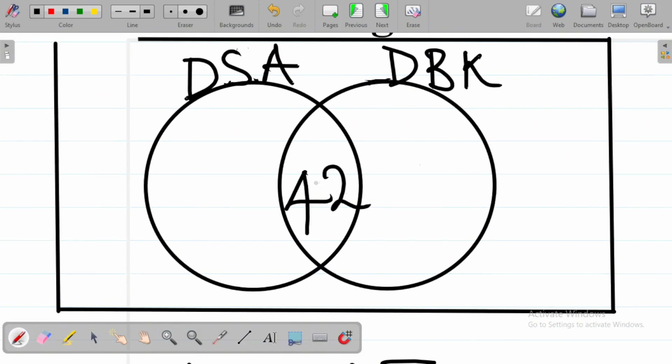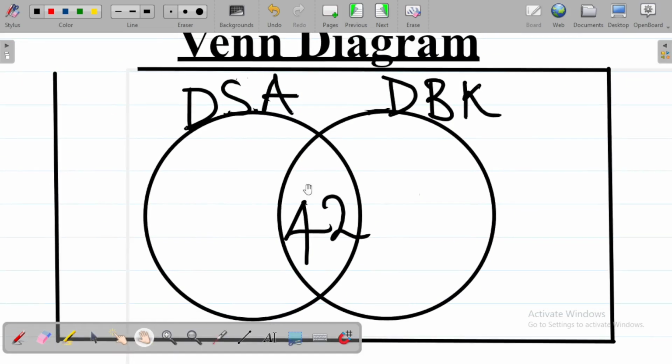Remember, I told you that the overlap between these two circles is known as the intersect between them. So the intersect between DSA and DBK is 42.